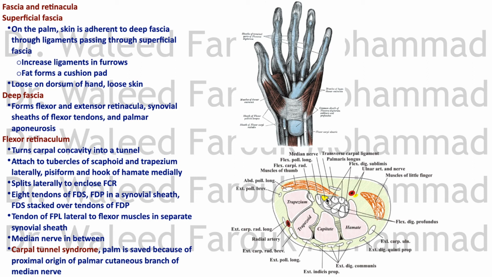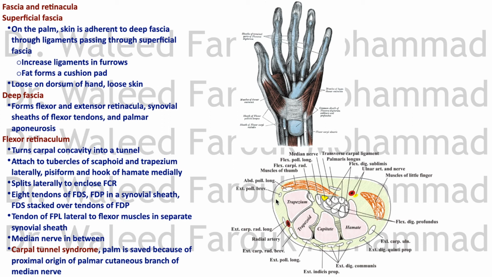The median nerve lies in between them in the canal, and we have a syndrome called carpal tunnel syndrome. It's experienced more in pregnancy and in females, where there's compression of the median nerve. Now the trick here is: is the palm affected? Is sensation on the palm affected?